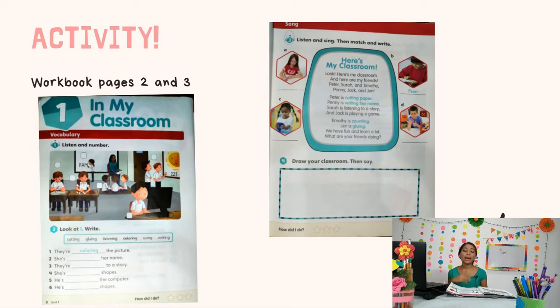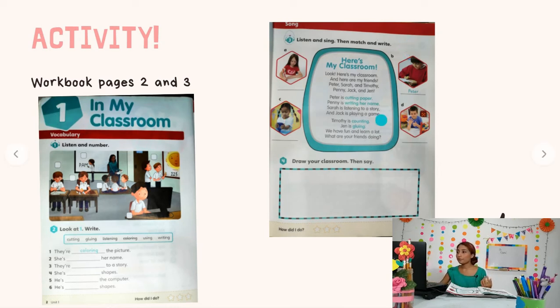So we have the names in the song, and we have in blue, Peter is cutting paper, and we can see here Peter cutting paper. Penny is writing her name, and you need to find which of these is Penny. It says that she is writing her name, and you need to look at the pictures and find out who is Penny and who is writing her name.